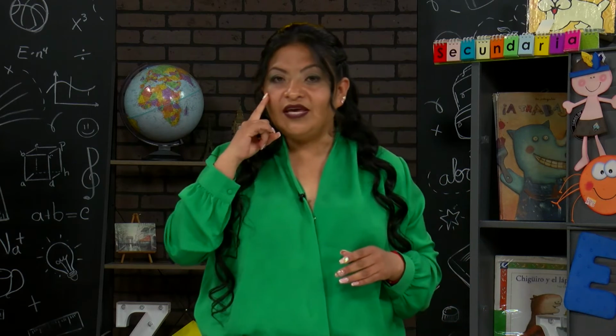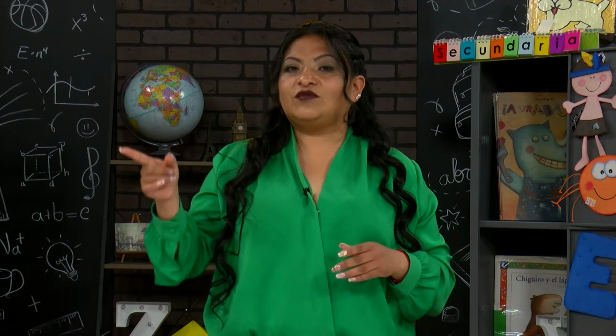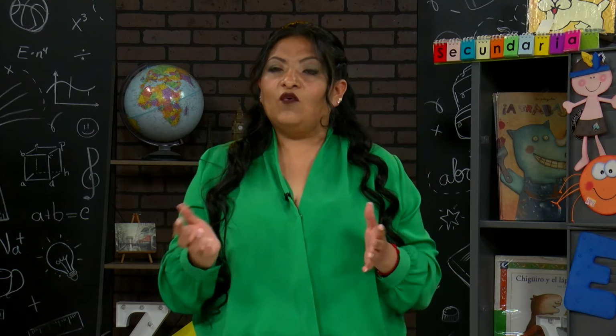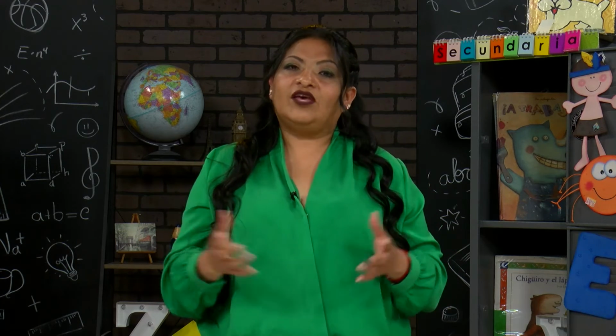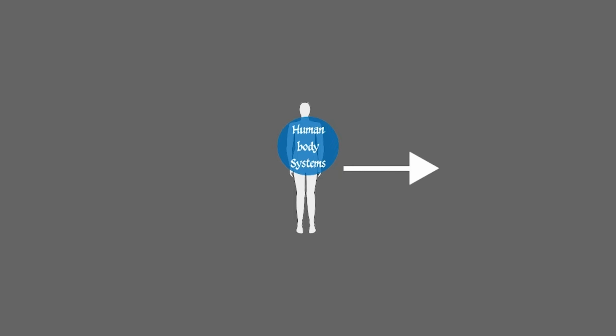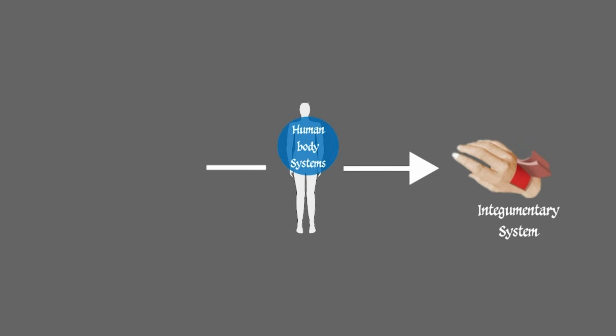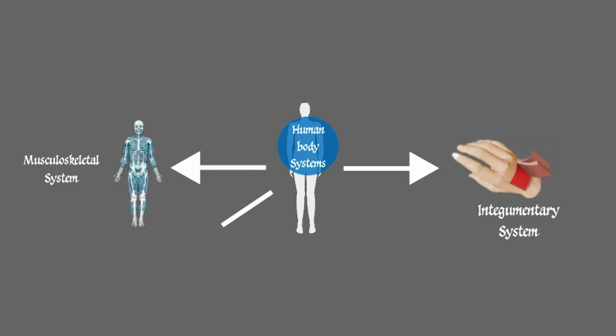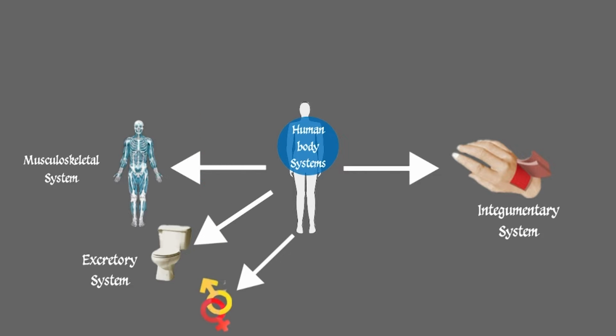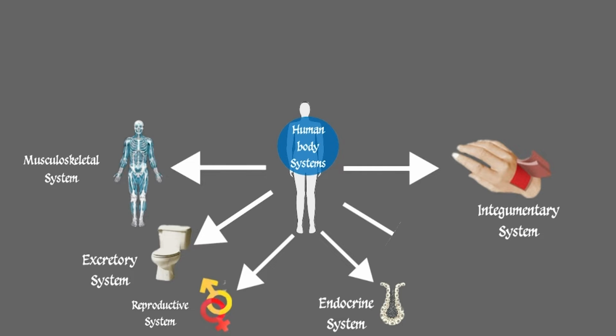So we're going to see the next video to know what the human body systems are. Human body systems. Repeat after me. Integumentary system. Musculoskeletal system. Excretory system. Reproductive system. Endocrine system.